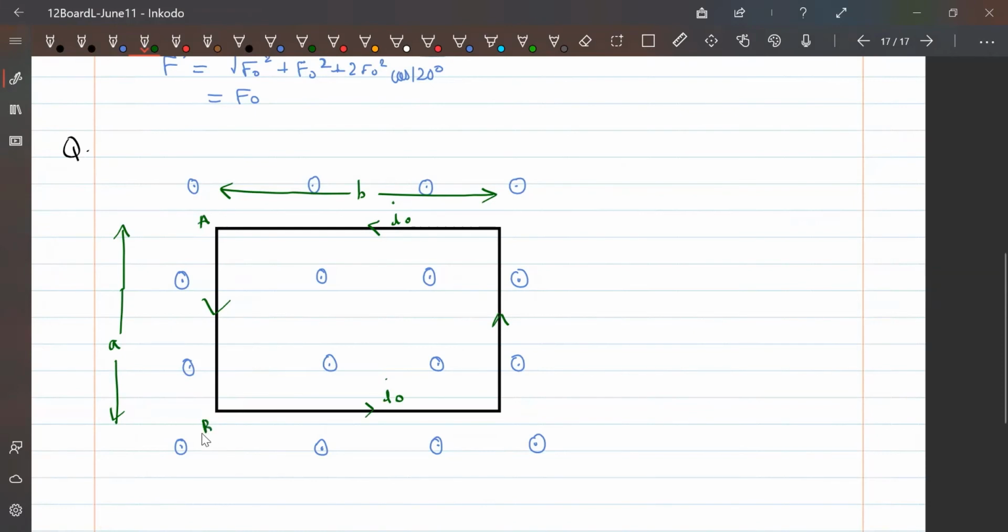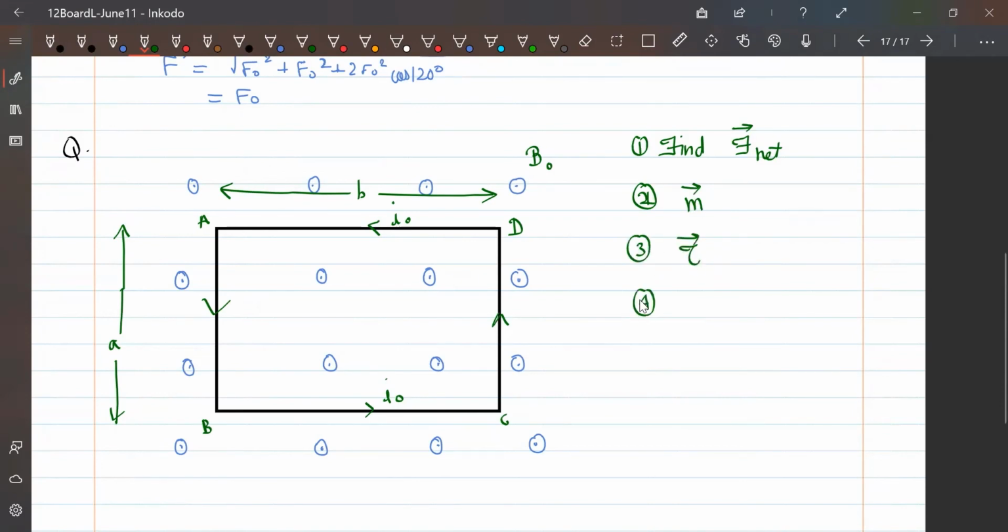Find force on individual wires, then find the net force. The magnetic field is uniform out of the plane, the value is B naught. Find net force. And second, you have to find magnetic moment. Third, you have to find the torque.